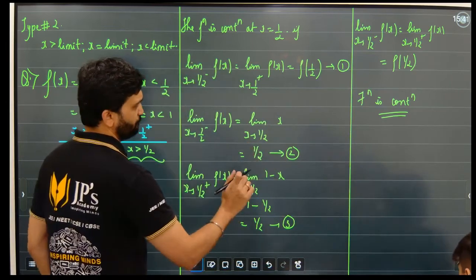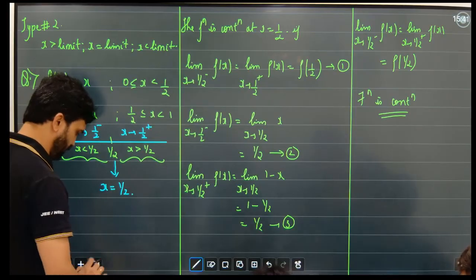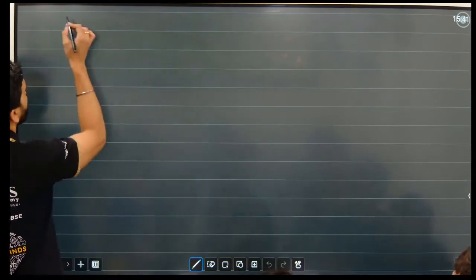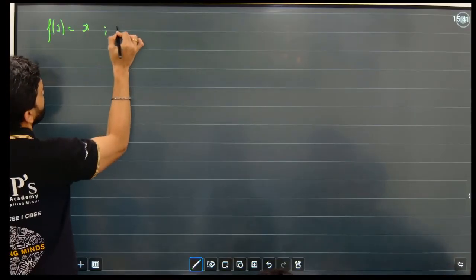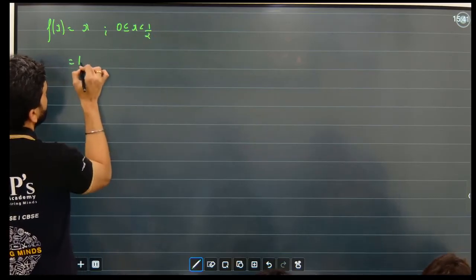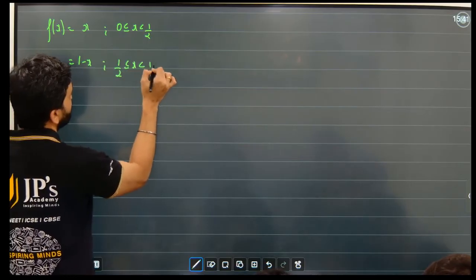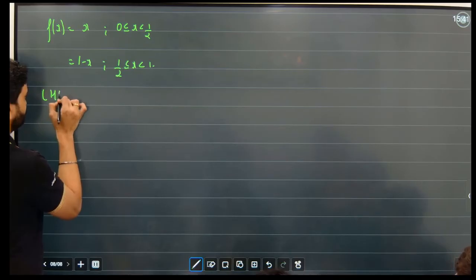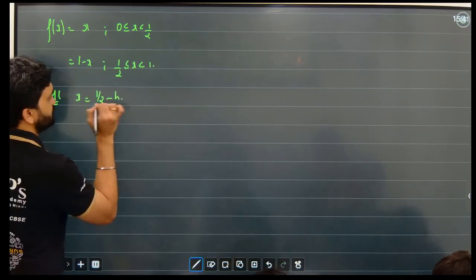Now, listen carefully. If someone wants to do by the h method, okay, I leave it up to you the option, whatever you feel. Now f of x is x for 0 less than equal to x less than half, and is equal to 1 minus x for half less than equal to x less than 1. Now I'll take left hand limit, x is equal to half minus h.